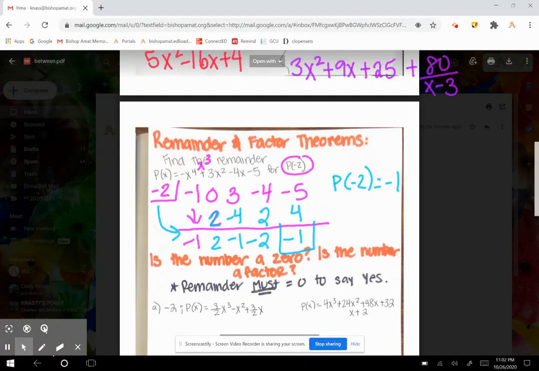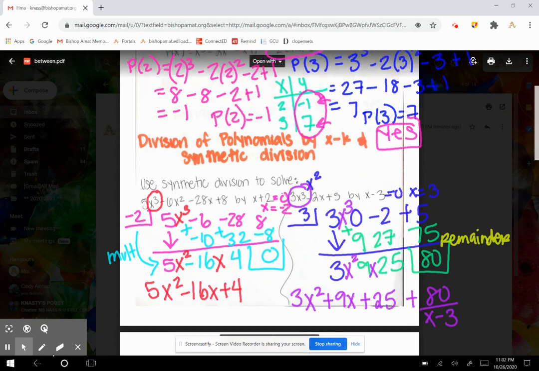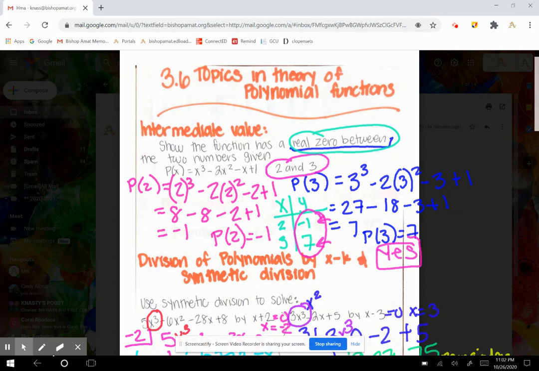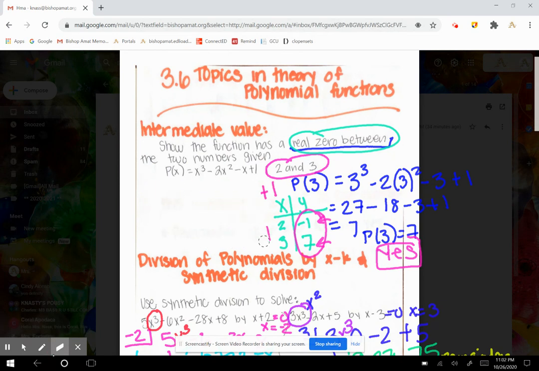So what we could have done at the very top of our example, if I were to put 2 and do a synthetic division, I would still get -1. Let me show you. If I don't plug it in the old-fashioned way and I do synthetic division, that would mean 2 would go in my box. I would have 1, -2, -1, and 1.